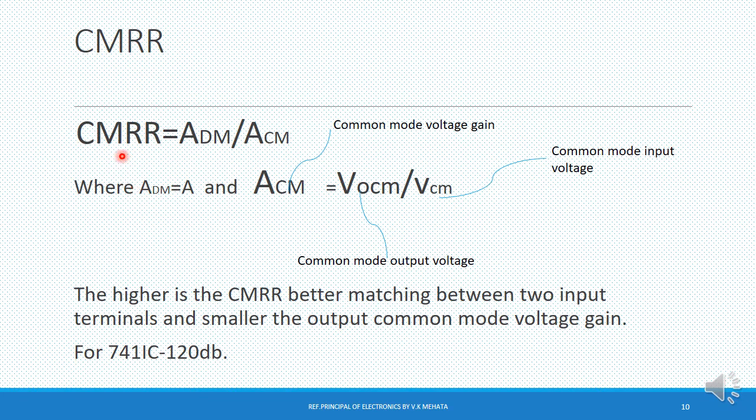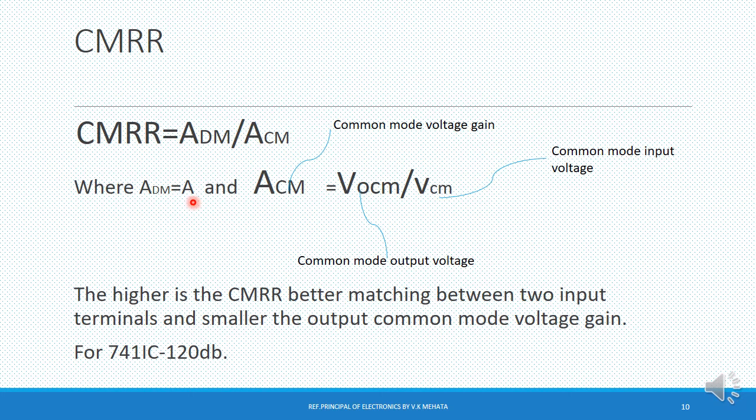Now let us revisit the definition of the CMRR. CMRR is equal to ADM divided by ACM, where ADM is the differential voltage gain, and ACM is the common mode gain. Always this ADM is equal to the open loop gain. Whenever I write A, it is the open loop gain.